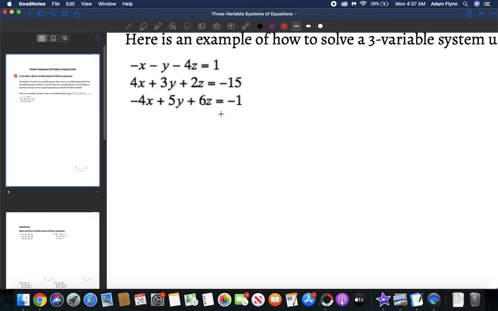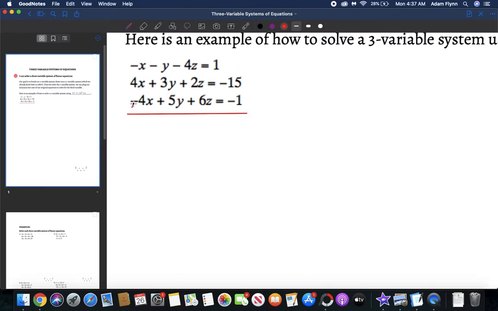So taking a look at my three equations, my bottom two, so my middle one and my bottom one, I've got a positive 4x and a negative 4x. I know my x's are going to eliminate. Okay, so what I am going to do is I am going to combine those two equations and eliminate my x.